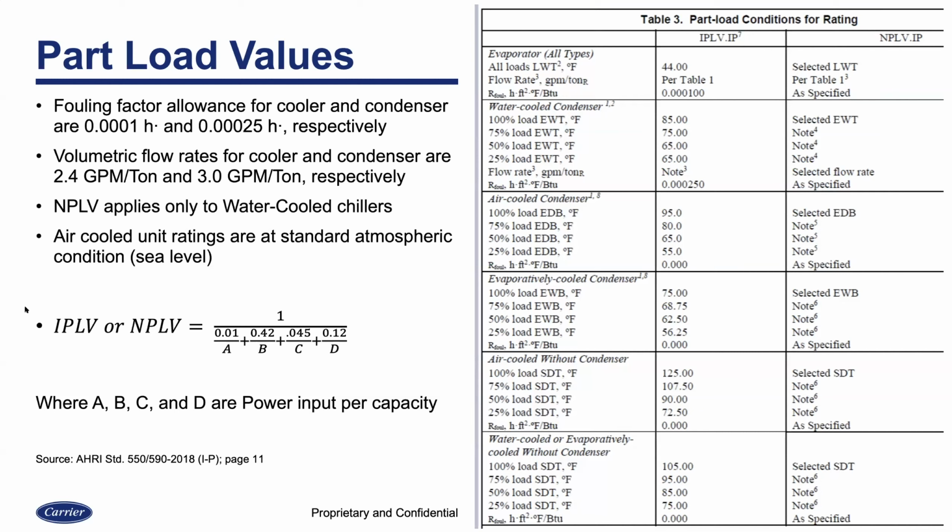In other words, to determine the true efficiency or energy consumption of a chilled water plant, we really and truly must perform a full energy analysis by implementing the SPLV, or system part load value, as I mentioned in the previous slide. And this is basically the main takeaway or message from this slide.